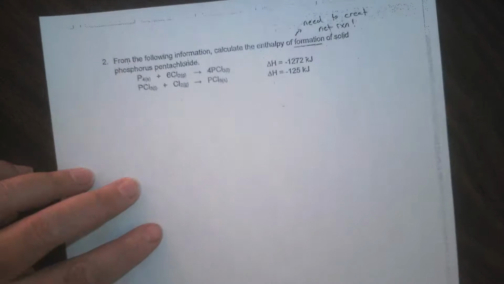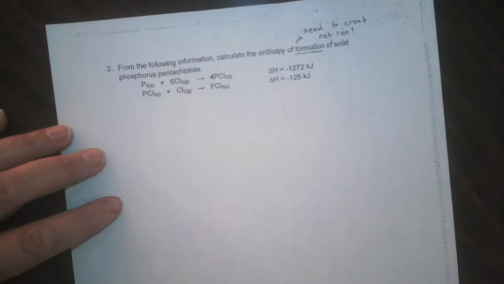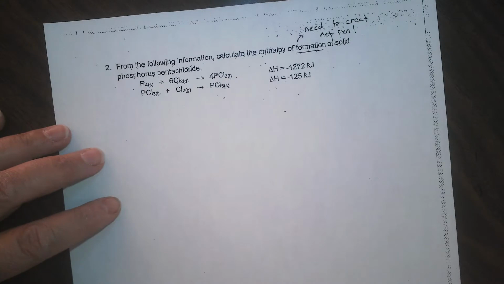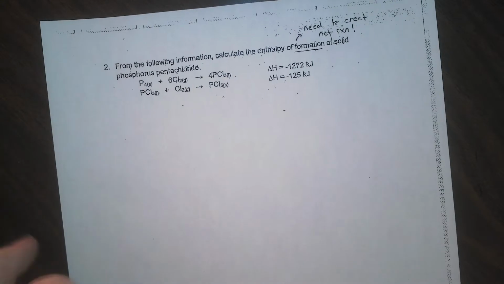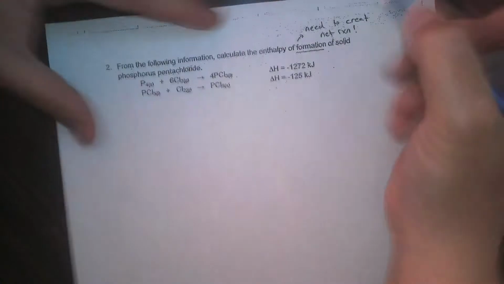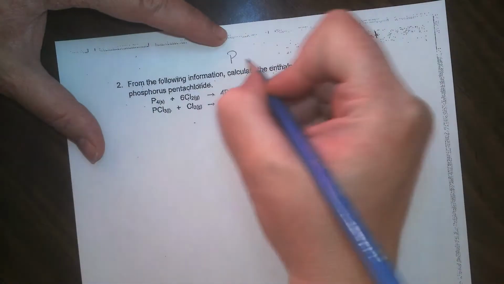Okay, let's look at another one. It says, from the following information, calculate the enthalpy of formation of solid phosphorus pentachloride. So in my mind, and this is what I typically do, it's a formation of phosphorus pentachloride.